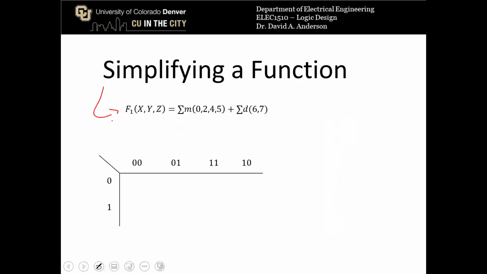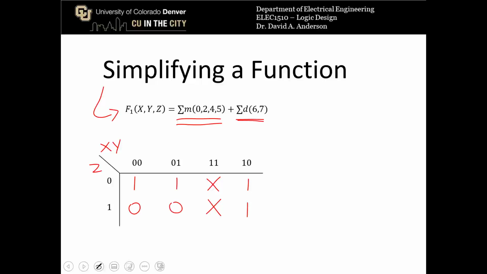The sum of minterms is the sum of lowercase m 0, 2, 4, and 5 for the actual minterms that are 1, plus sum of lowercase d 6 and 7 for the don't cares. So let's fill in the don't cares first. That's 6 and 7 as the minterms in the K-map. And I have to place the variables x, y, and z. And now let's fill in the 1s at 0, 2, 4, and 5, and 0s at 1 and 3.